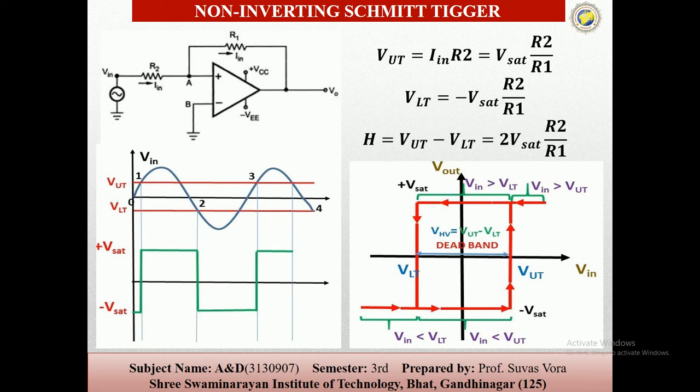Now the non-inverting Schmitt trigger. You can see here we apply the input at the positive terminal. This is the circuit.